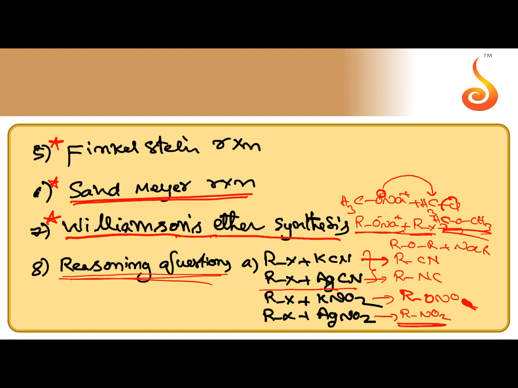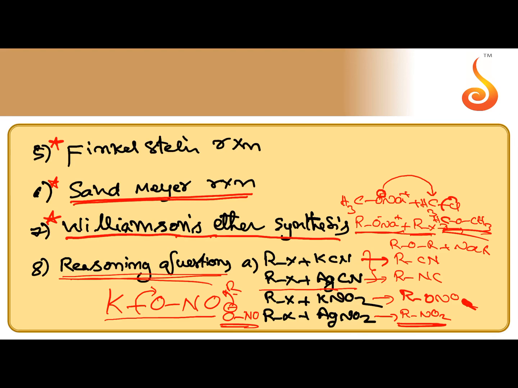Same type of reason: the bond present between K and O in potassium nitrite, KONO, is more ionic in nature due to electronegativity difference. That's why as soon as RX is added, the K-O bond undergoes ionization to produce O minus. That will attack at alkyl carbon forming RONO, alkyl nitrite.